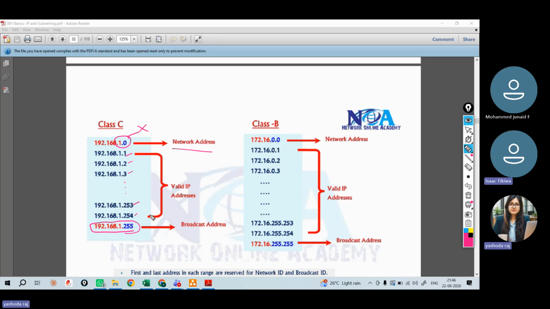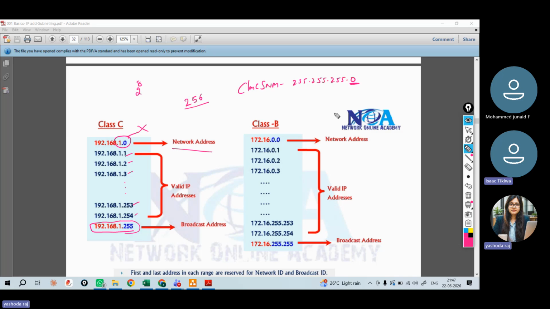So the total IP addresses in class C, how much will you get? 256, right? 2 power 8. What is the subnet mask for class C? 255.255.255.0.